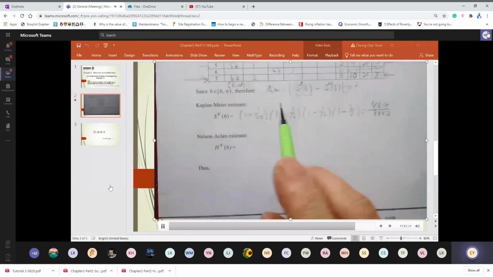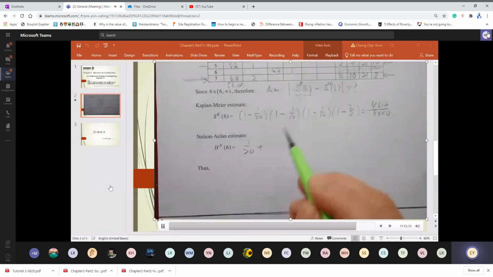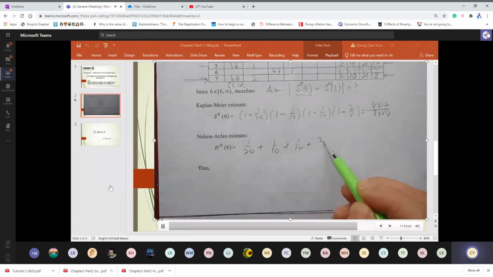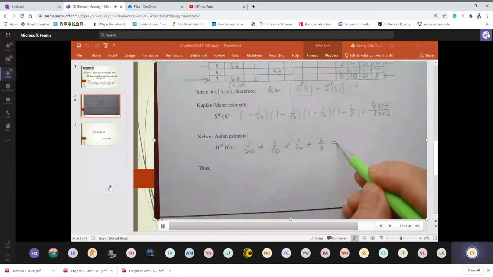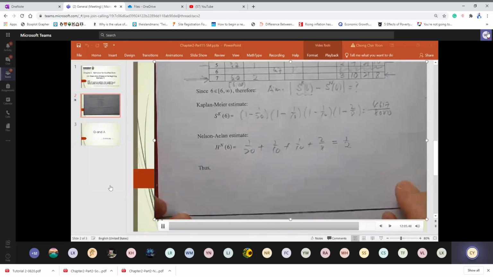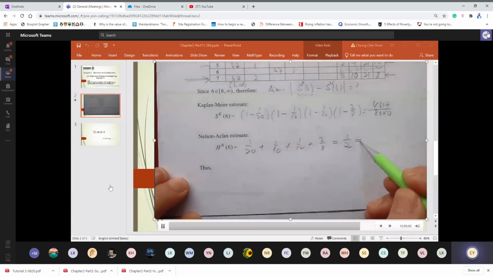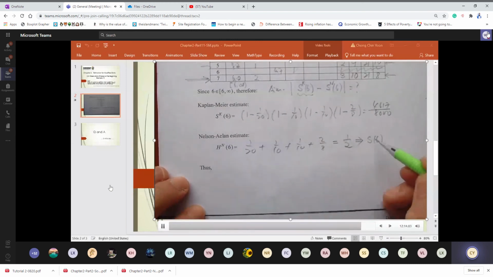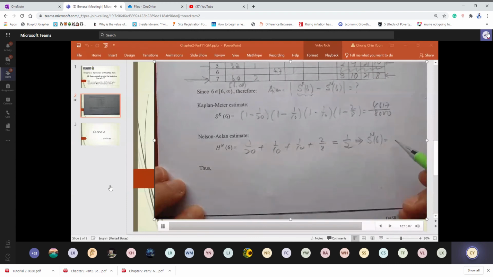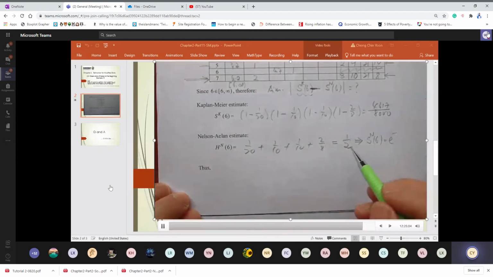That means now we have 1 over 20 plus 1 over 10 plus 1 over 10 and plus 2 over 8. This equals half. And therefore, we can find the survival at 6 under this Nelson-Aalen, which equals exponential to the power of negative half.